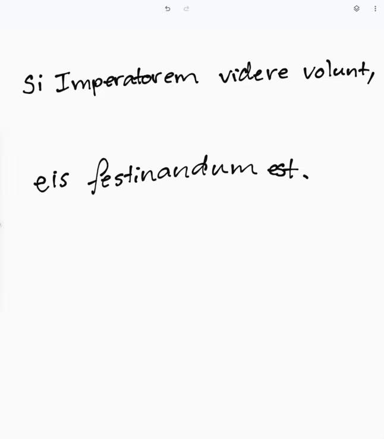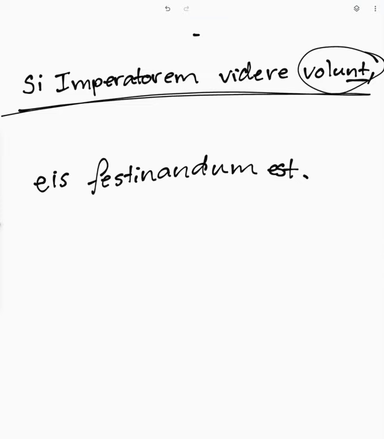Now this sentence seems a lot more likely to show up on a translation. It's more than 3 words long. So let's take a look at what we have here. We have our first clause right here. I'm going to go to my verb, volunt. This NT is letting me know that my subject is an understood they. So they wish to see the emperor, normal clause.